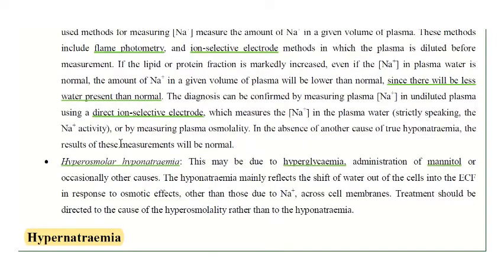والسبب الآخر محتمل للهايبونايتريميا هو الهايبرأوزمولار hyponatremia. This may be due to hyperglycemia, administration of mannitol, or occasionally other causes.